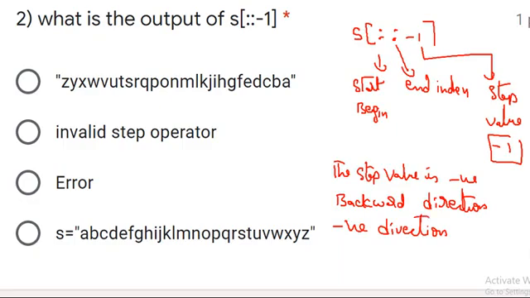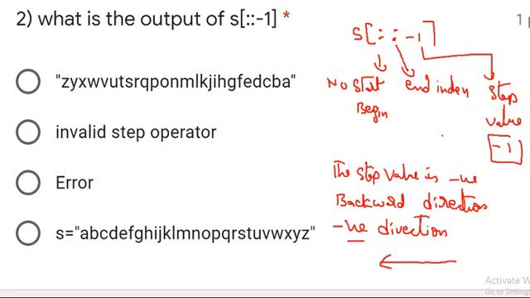If you move from left to right, this is called forward direction. If you move from right to left, that is called backward direction, and you can call it a negative direction. So in our problem, there is no start and no end index, but he has given the step value as minus 1. So minus 1 indicates you have to travel in the reverse direction, from the end index to the front, that means in the backward direction.